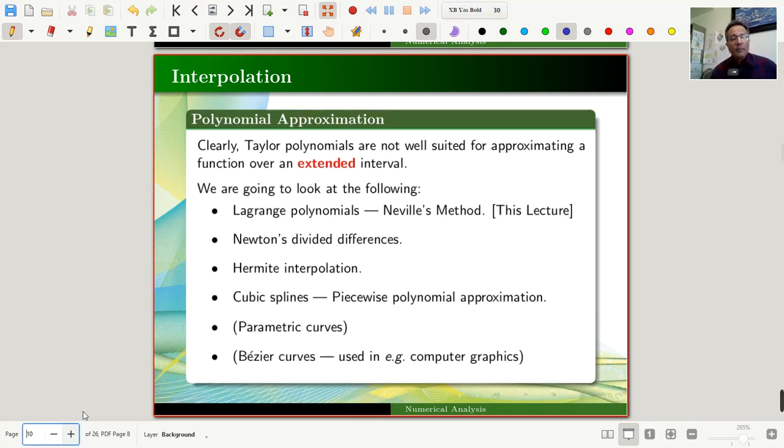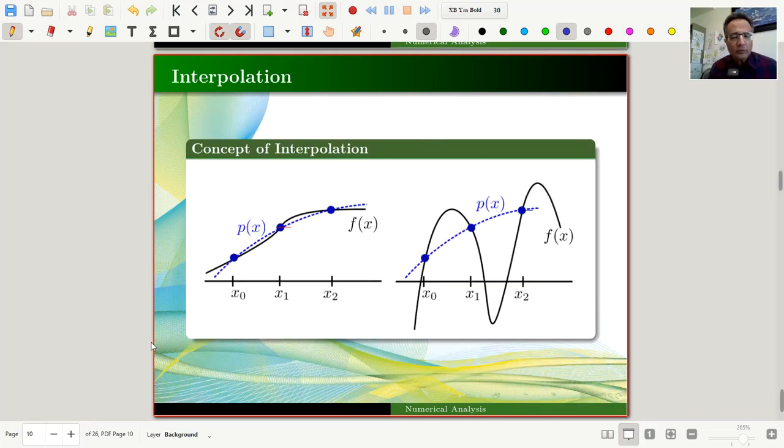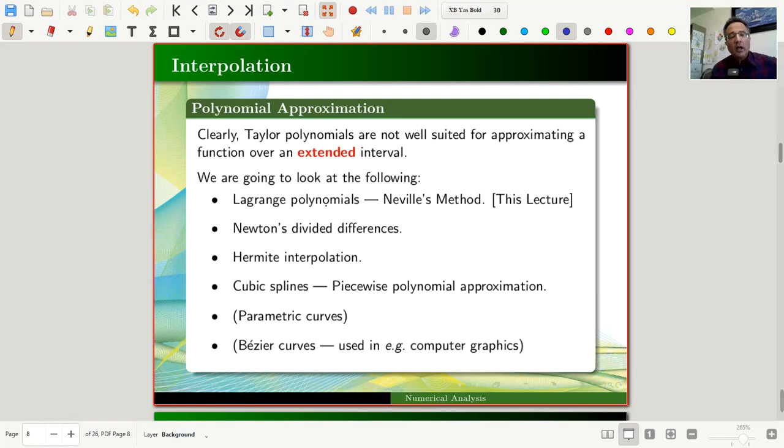Okay, so we need some other techniques. There are lots of techniques and methods for finding an interpolant. For example, Lagrange polynomial or Neville method, Newton divided difference, Hermite interpolation, cubic spline, geometric spline, fractional, and lots of other techniques for finding the interpolant.